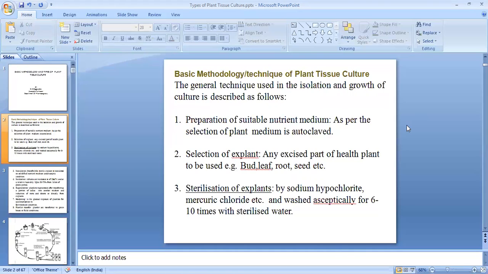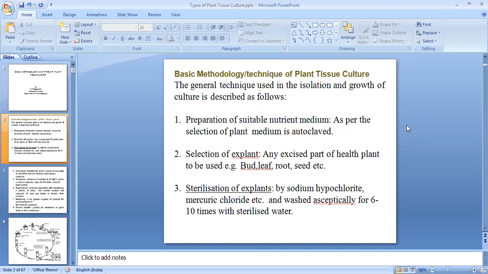And the second step is the selection of the explant. So already I told you about the explant. It is any excised part of the healthy plant which is to be used, maybe a bud, leaf, root, or a seed or a shoot or whatever it is. Okay, and once you have selected the explant, it has to be sterilized.